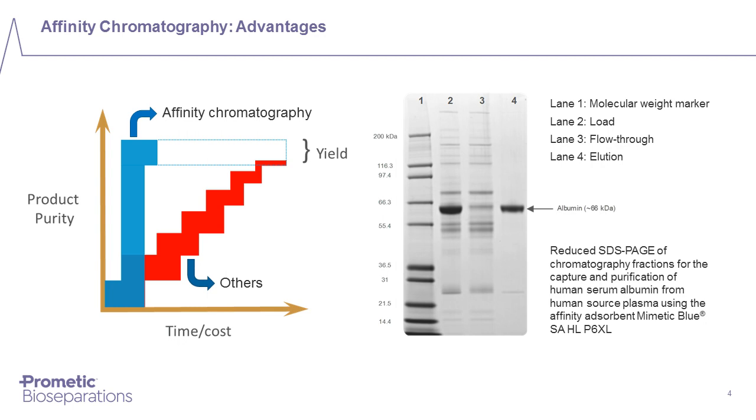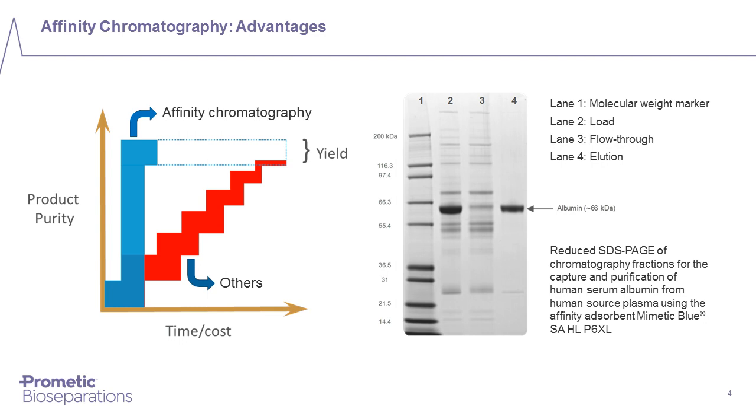The right-hand panel shows an ideal situation of what we can achieve with affinity chromatography. This example is putting plasma, human plasma, which is in lane 2 in that figure, through one of our Mimetic Blue adsorbents. This is an adsorbent for albumin.